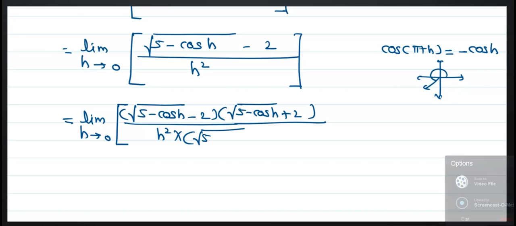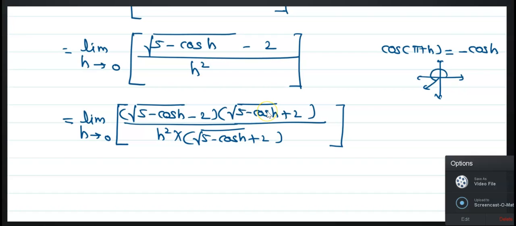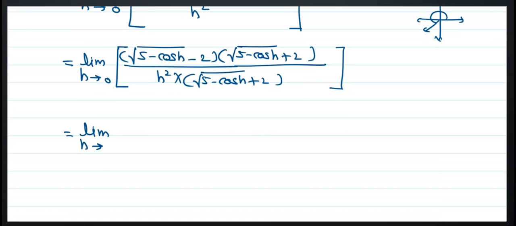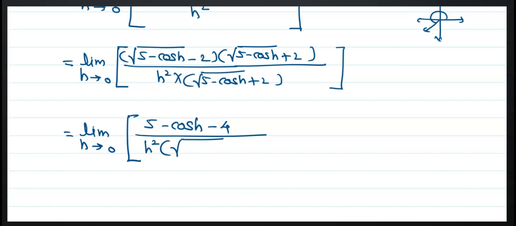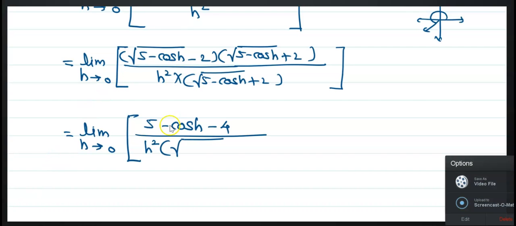Now we rationalize here. Multiply the numerator and the denominator by root of 5 minus cos h plus 2. And that's why you will get limit h tends to 0 of 5 minus cos h minus 4, that is the square of this quantity minus the square of 2.